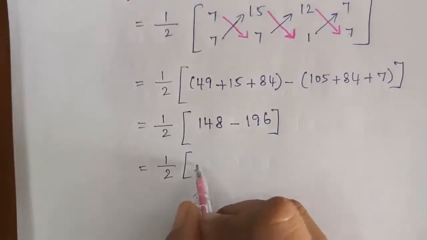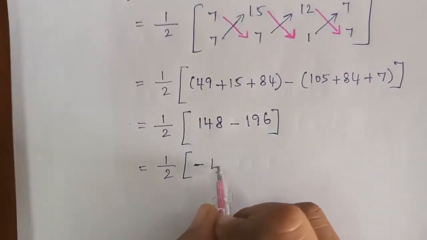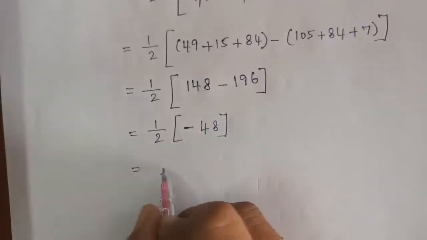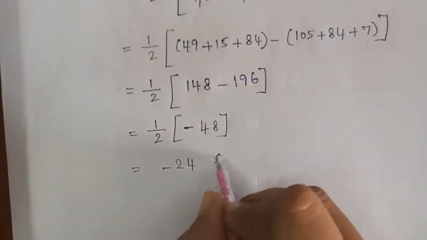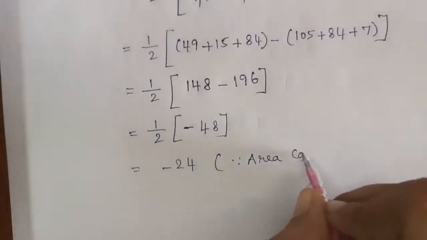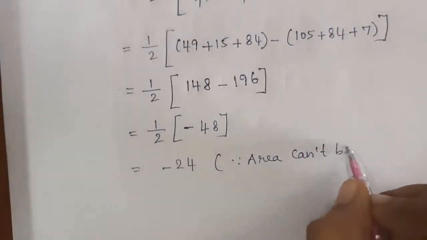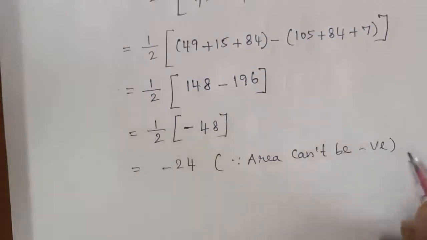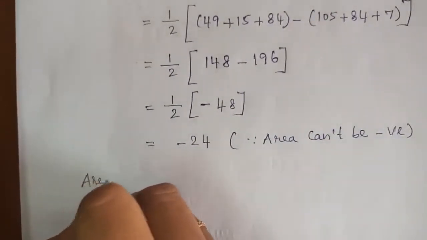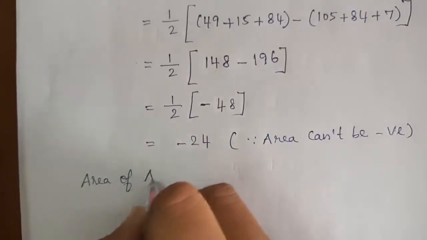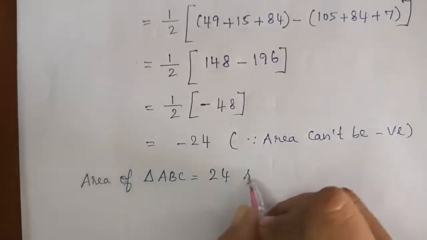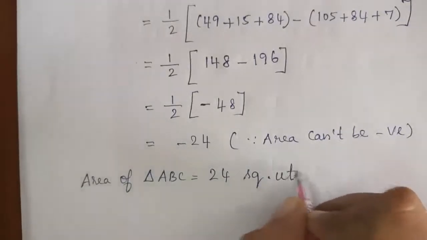So the bigger sign is negative, minus 48, which is equal to minus 24. But area can't be negative, so definitely the area value is positive. Therefore area of triangle ABC is equal to 24 square units.